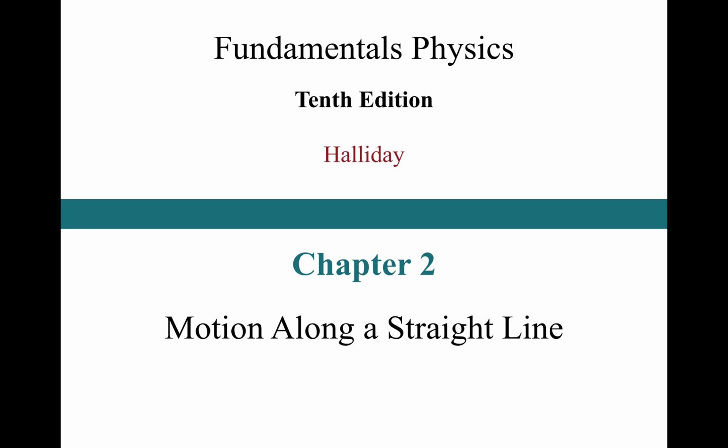Okay. So motion along a straight line, first you have to understand what is the definition of motion. So in physics, motion is the change of an object's position or orientation. So you can move the object from position 1 to position 2, then that's in motion.